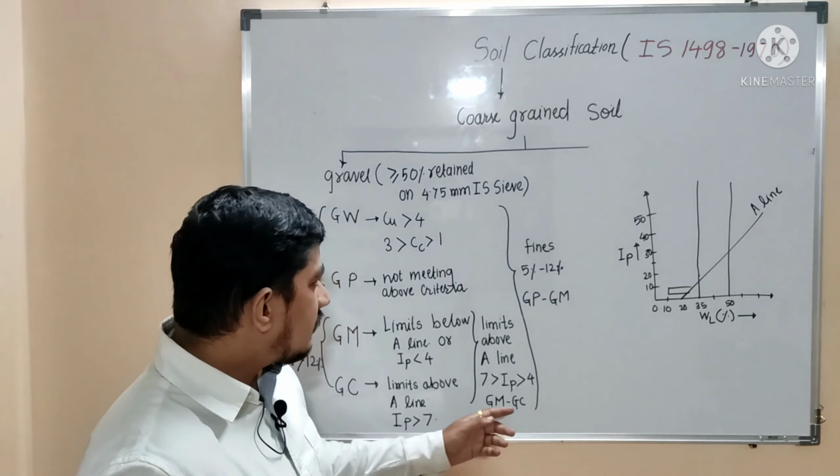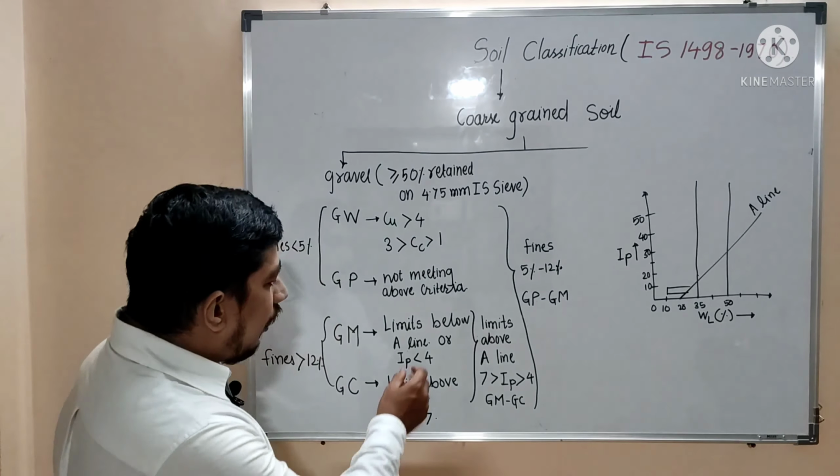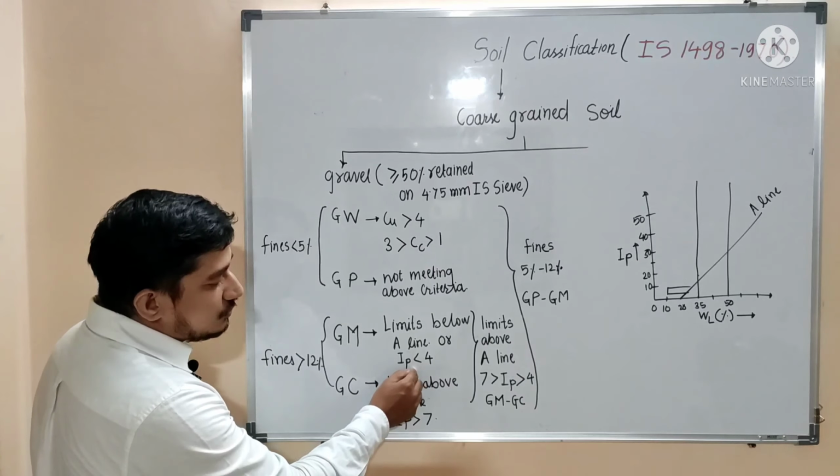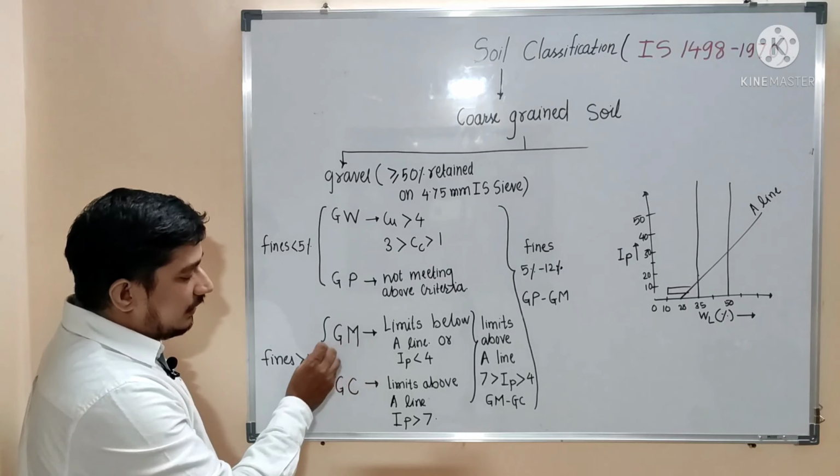When the Atterberg limits are below the A line, or IP is smaller than 4. So this is the A line. If IP is in this area and it is below this A line, then it can be classified as silty gravel. If either criterion is met, because it is an OR, then it can be classified as silty gravel.